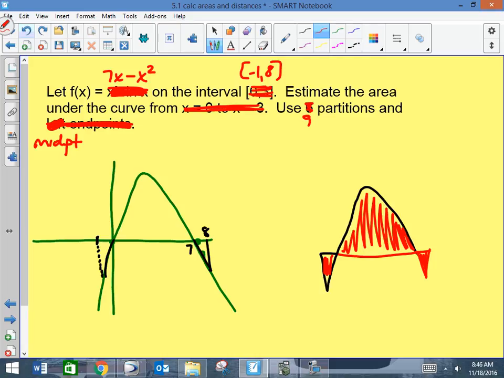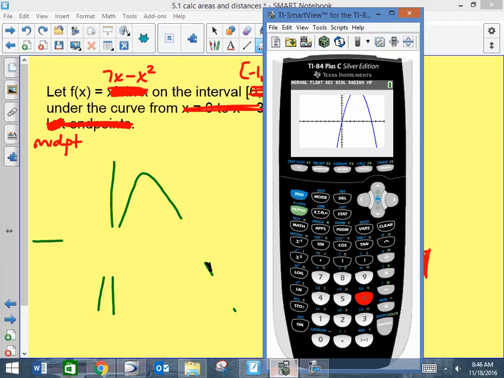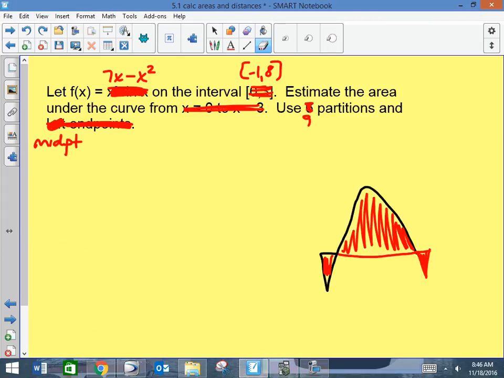I didn't plan that very carefully. Okay, so our midpoints, we go from -1 to 0 to 1, 2, 3, 4, 5, 6, 7. Dang it. I'm going to start over and do a real graph.